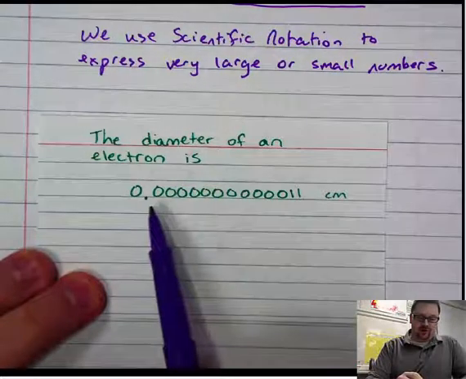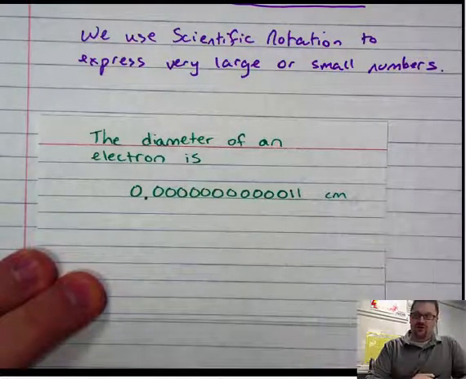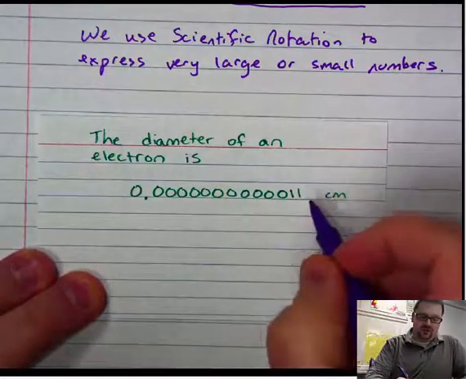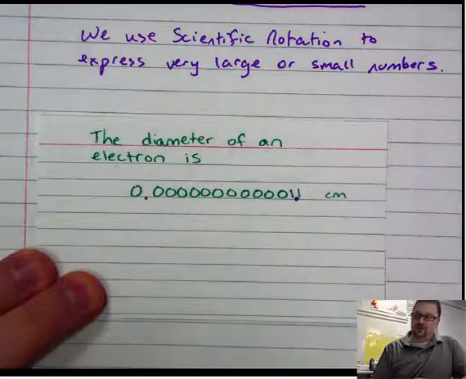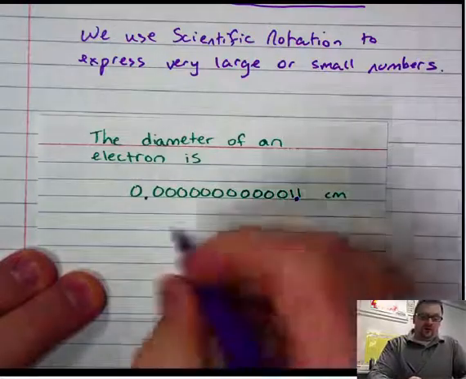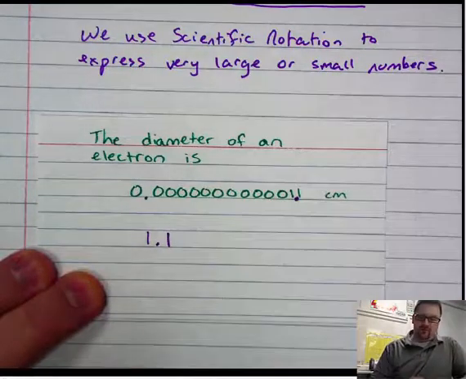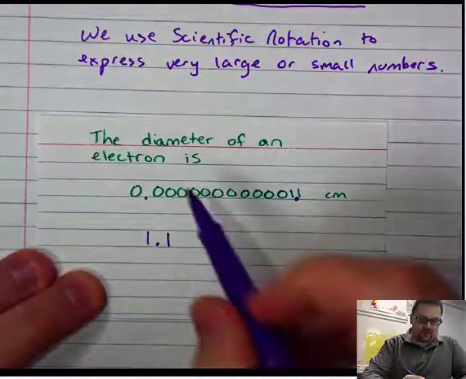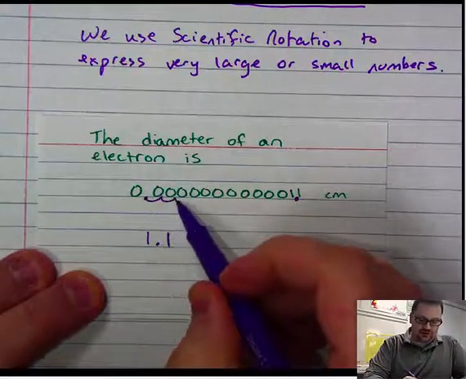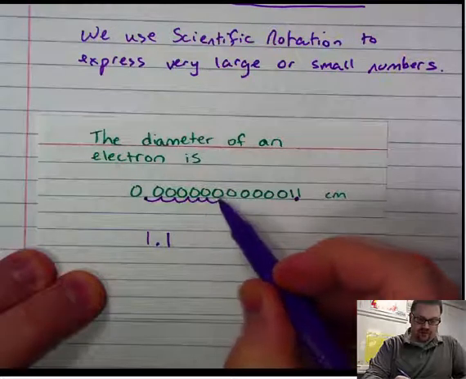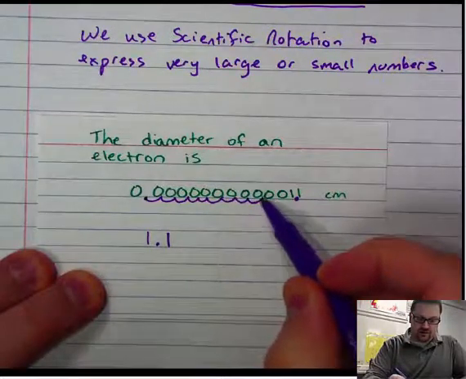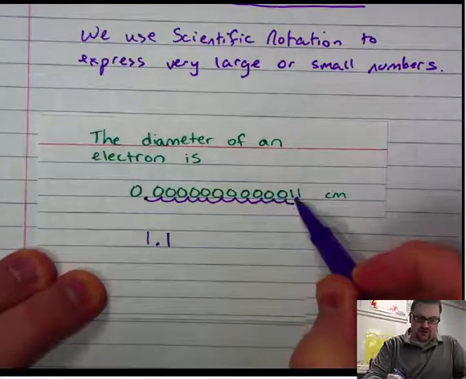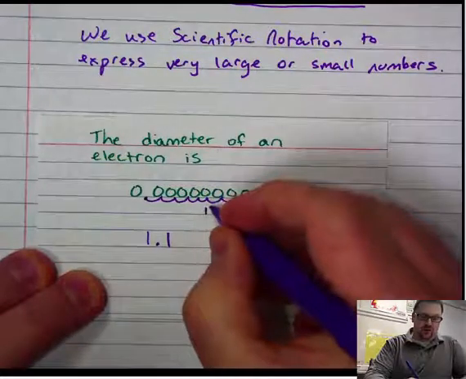So if I take a look at all these things, the only place that makes sense to put the decimal is going to be right here. So I'm really going to have 1.1. Now, how many times did I move the decimal to get there? This one would be 1, 2, 3, 4, 5, 6, 7, 8, 9, 10, 11, 12. There were 12 spaces.